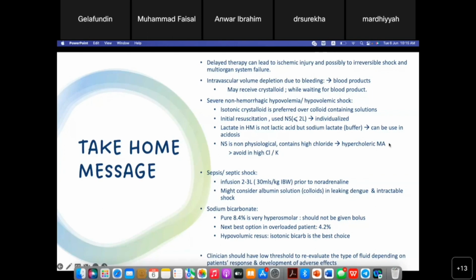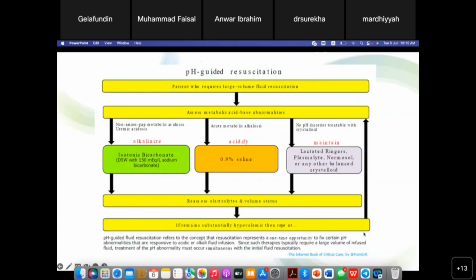And then lastly, clinicians should have a low threshold to evaluate the type of the fluid depending on the patient's response and development of adverse effects. Okay, so here I include a summary table from the Internet Book of Critical Care for pH guided resuscitation for those patients who require a large volume of fluid resuscitation.